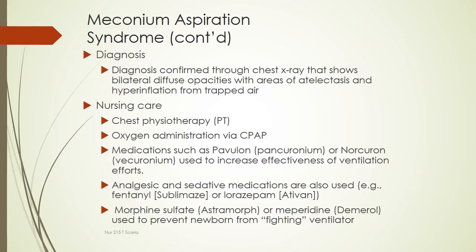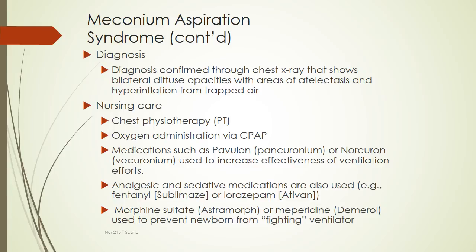The diagnosis of meconium aspiration syndrome is done by a chest X-ray that shows bilateral diffuse opacities with areas of atelectasis and hyperinflation from trapped air. The management involves chest physiotherapy, oxygen administration via CPAP, or medications such as Pavulon or Norcuron used to increase the effectiveness of ventilator effort.